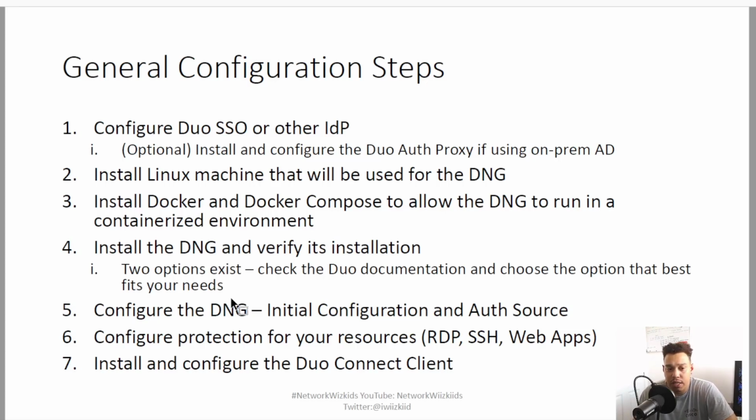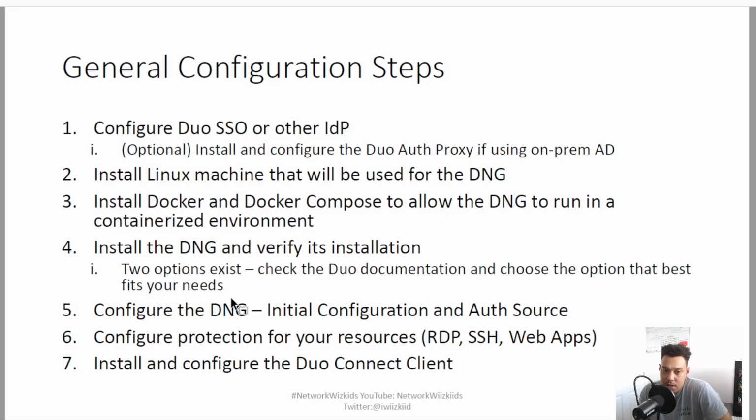So you first really start off by accessing the Duo admin panel to configure Duo for single sign-on, or tying it to any other identity provider as well. As I mentioned before, and I've put this as optional depending on how you're configuring your identity provider, install and configure the Duo auth proxy, and that's if you're using an on-premise Active Directory for that primary authentication.